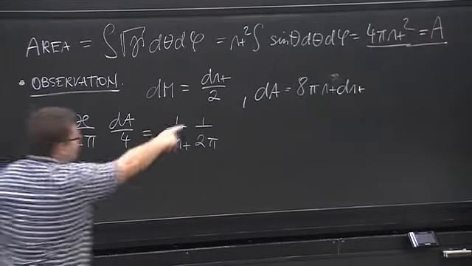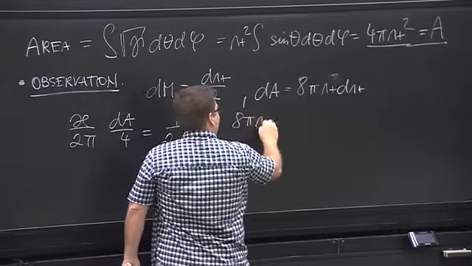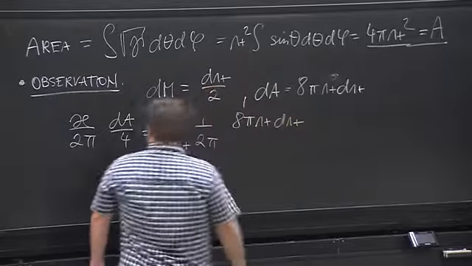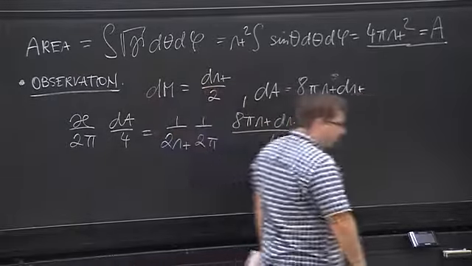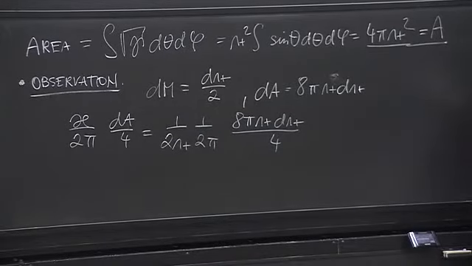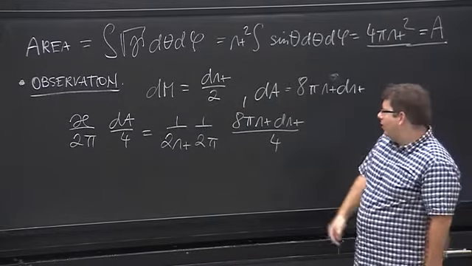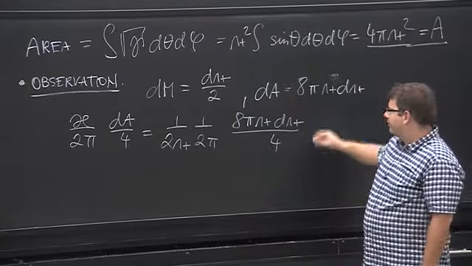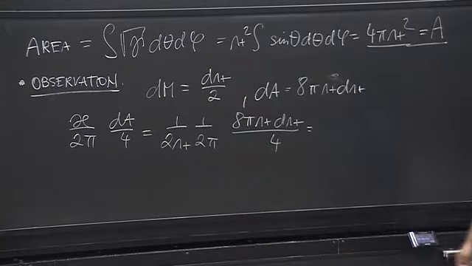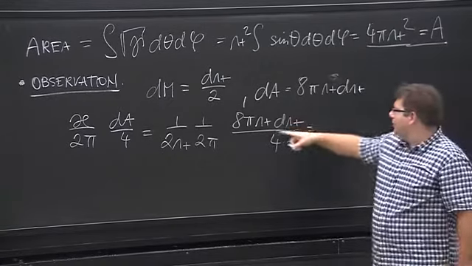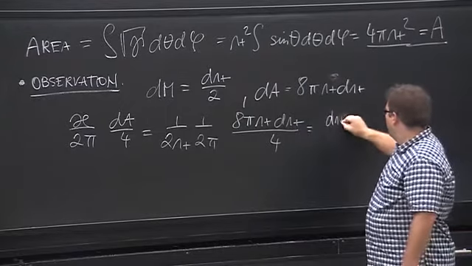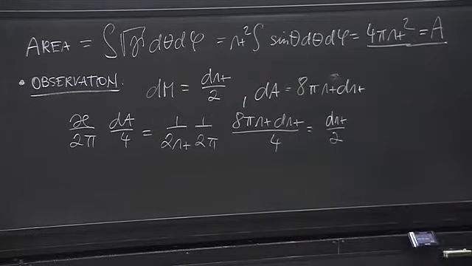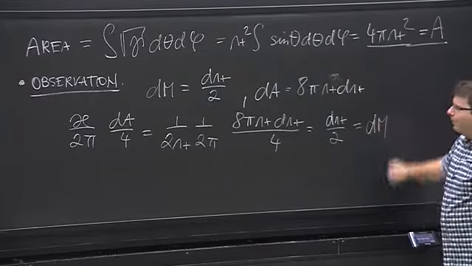And then dA is this thing here, 8π r plus dr plus, divided by 4. All right, so we have 2r plus, and if you see that, then this becomes dr plus over 2, which is precisely dM.